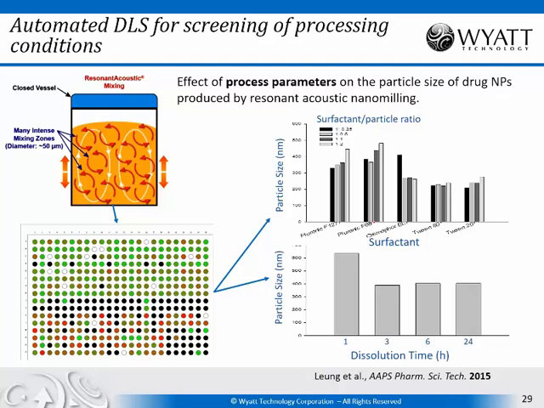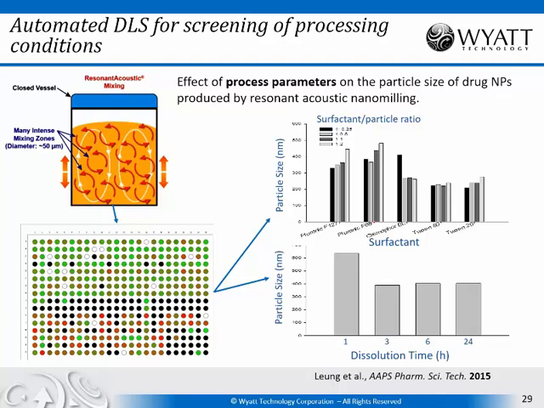And so they adopted a resonant acoustic nanomilling process, which actually works in 96 well plates. So you load up chunks of the drug and some particles which are used to affect the nanomilling. You also need to put in a type of surfactant which binds to the surface of the nanoparticles and prevents them from aggregating.